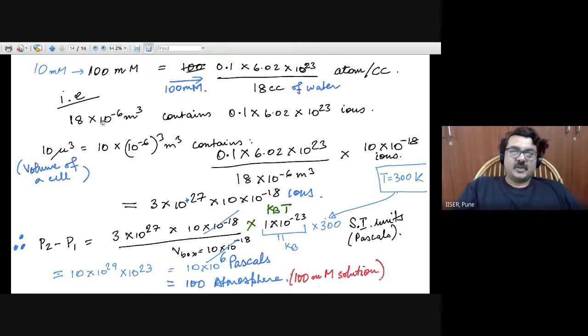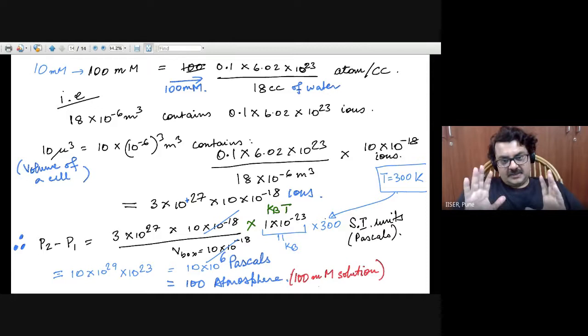Then you say, so much volume of water contains so many ions, so how many ions would one volume of a cell contain? Then you put in P2 minus P1 equal to this number into kBT times number of particles by V box, and you'll see that you get around 100 atmospheres. If you have 10 millimolar, you will get 10 times less. This is an order of magnitude calculation.